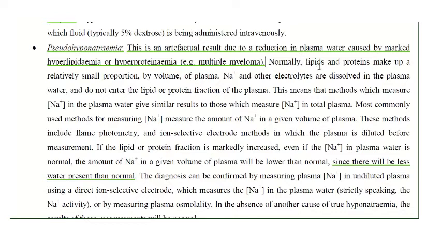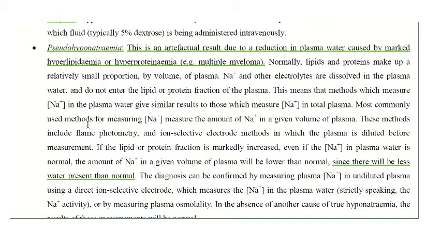Normally, lipids and proteins make up a relatively small proportion by volume of plasma. Sodium and other electrolytes are dissolved in the plasma water and do not enter the lipid or protein fractions of the plasma. This means that methods which measure sodium concentration in the plasma water give similar results to those which measure sodium in total plasma.